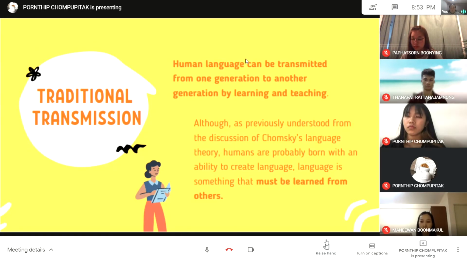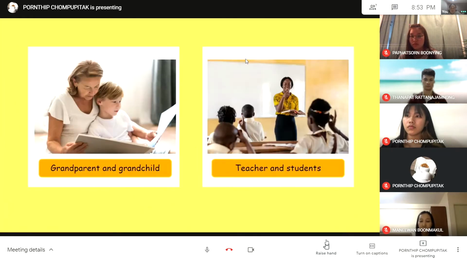For example, you can see in the first picture, a grandmother may be teaching or giving some knowledge to her grandchild, and in the second picture, the teacher may be giving some knowledge to students, and students are learning it from the teacher.